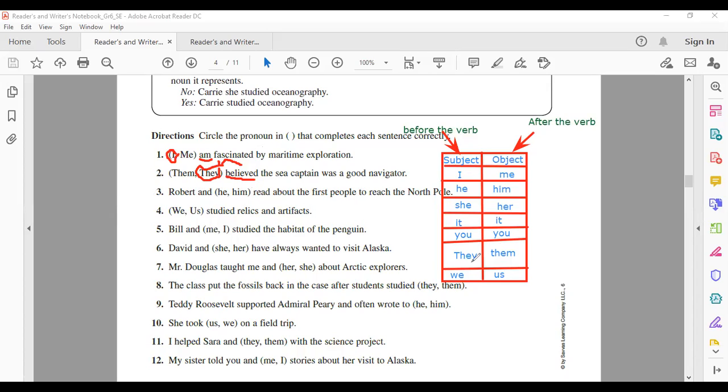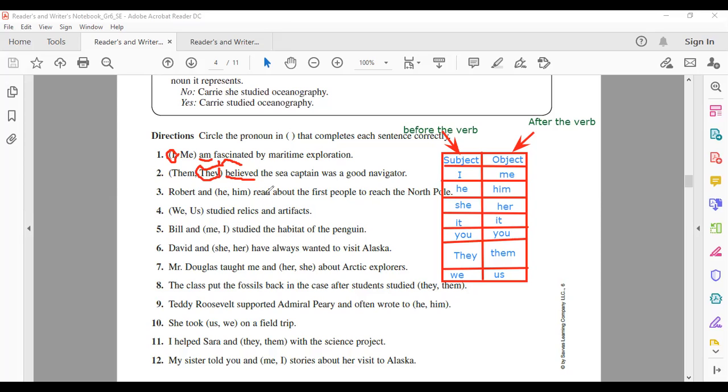Robert and him read about the first people to reach the North Pole. Why did you choose him?